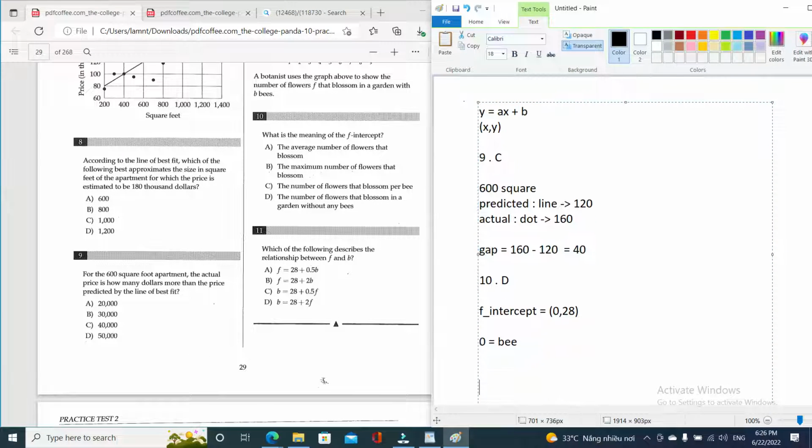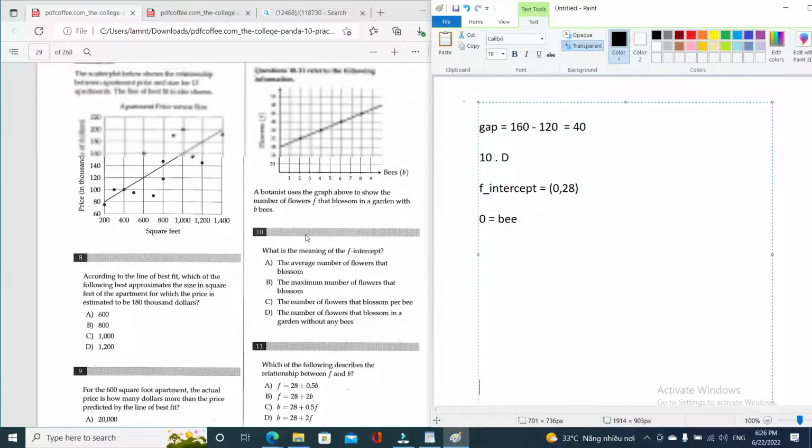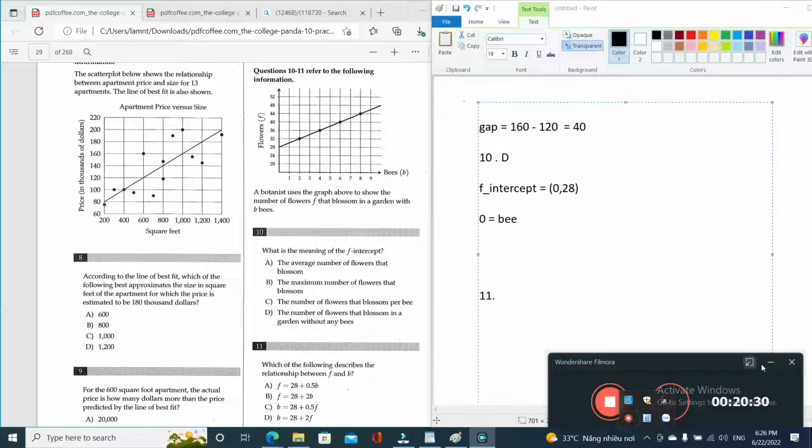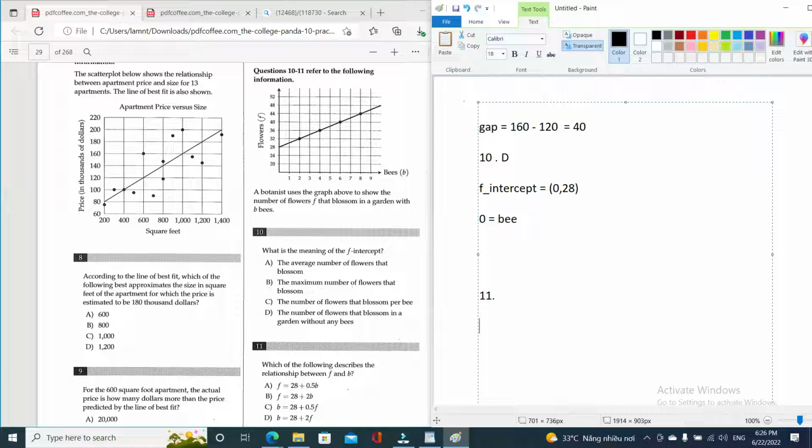Number 11. Let's try to do number 11 together. They have asked us to find the equation of this line. How are we going to do it? We know the line is y equals ax plus b, so we should know two points. We know it goes through 0, 28, and we also know it goes through 2, 32.